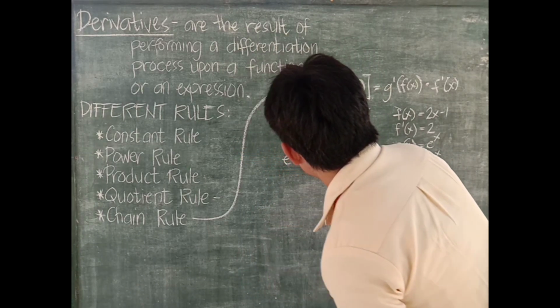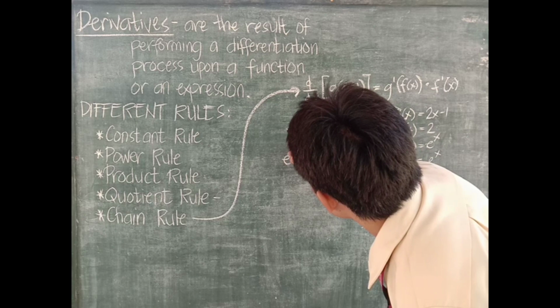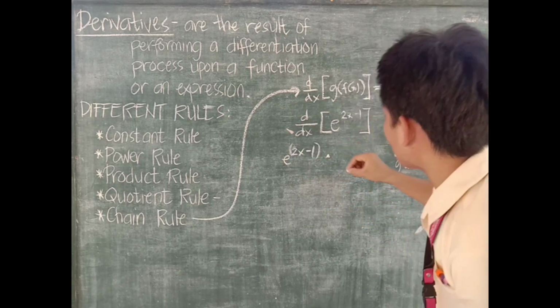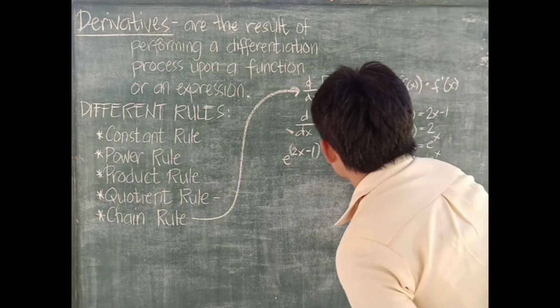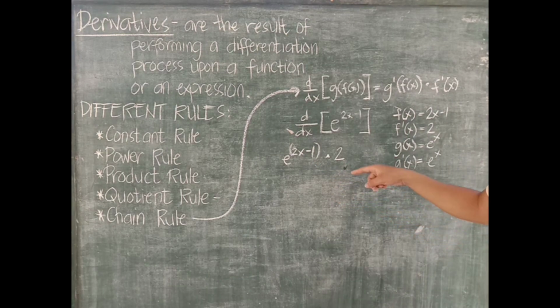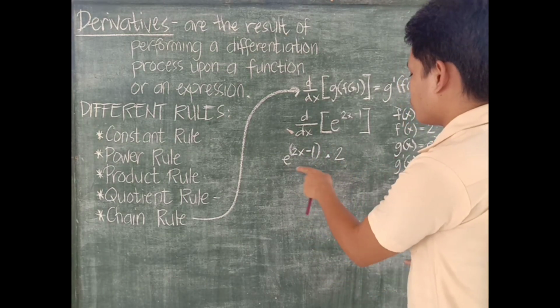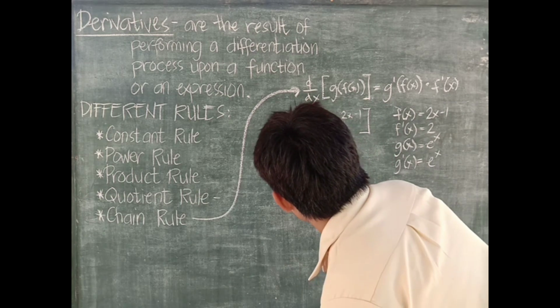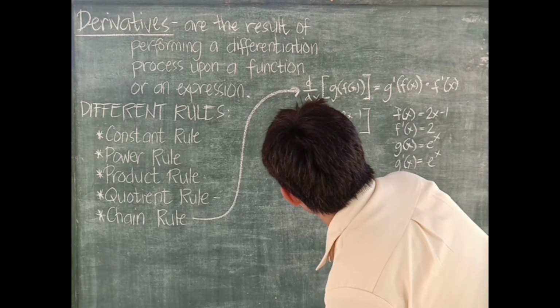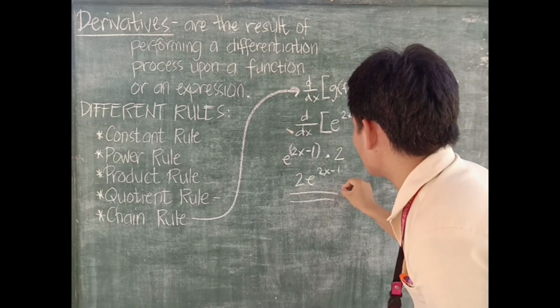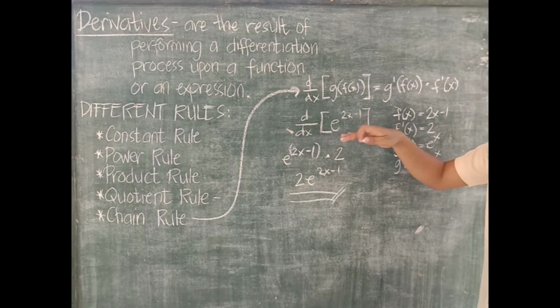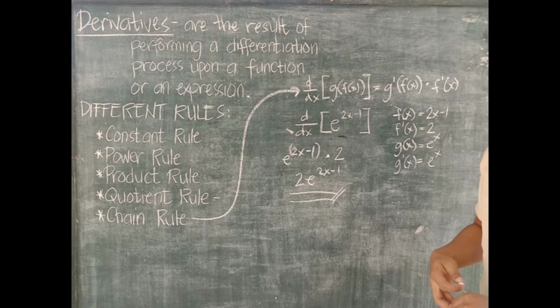We have this multiplied by f prime of x. The derivative of the inner function is equal to 2. Now to multiply this 2, we have this answer: 2e raised to 2x minus 1. And this is the derivative of this function using the chain rule.